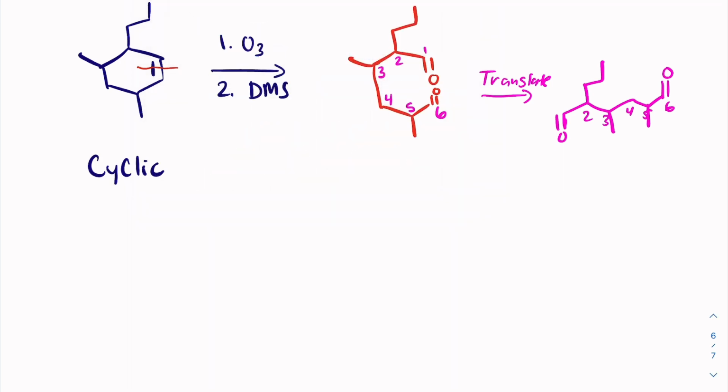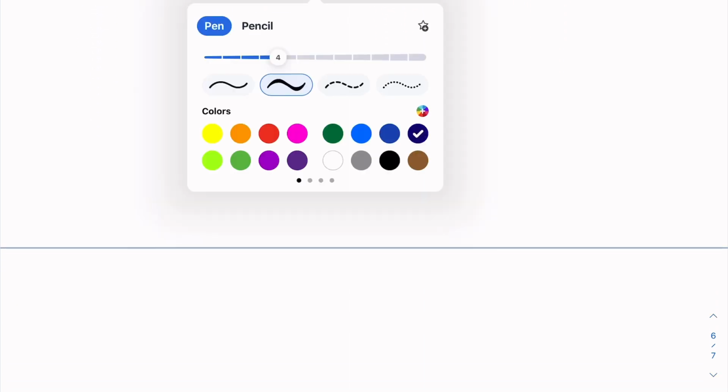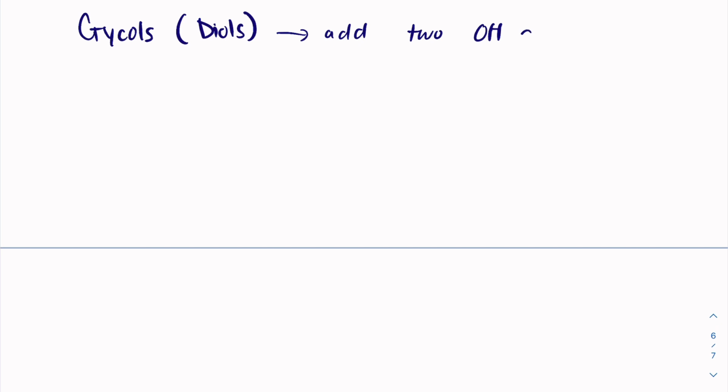When you go ahead and do, I think it's skill set 12, ozonolysis might be the toughest one sometimes to predict the products. And then our last family of reactions, still alkenes, is going to be glycols. Glycols is just another fancy name for diols, meaning that they're going to add 2 alcohol groups, or 2 OH groups, across a double bond.